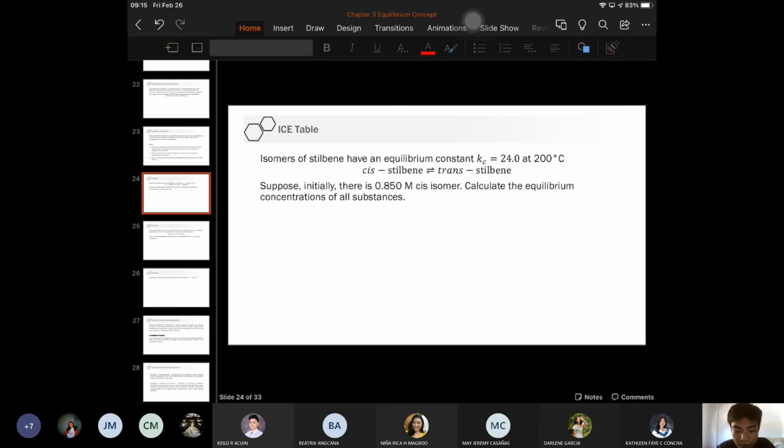What else now? E is the equilibrium. What you're going to do is add the I and the C to get the E. Whatever the E value is, you're going to plug it into the K.